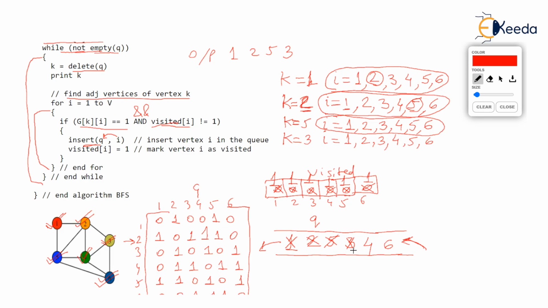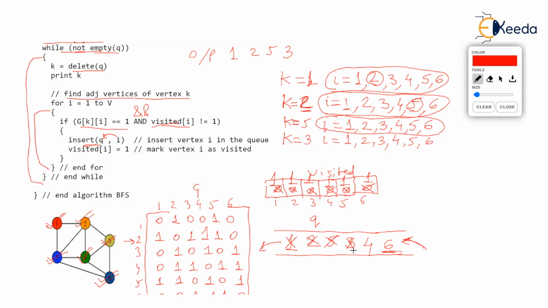Observe how important it is to mark vertex 6 as visited, although it is not yet printed, but 6 is waiting in the queue. So 3 has adjacency to 6, but it was so important that we marked 6 as visited, saying that okay, 6 is now in the queue. Wait. So if you find any other vertex which has adjacency to 6, just don't make a mistake of putting 6 again in the queue.